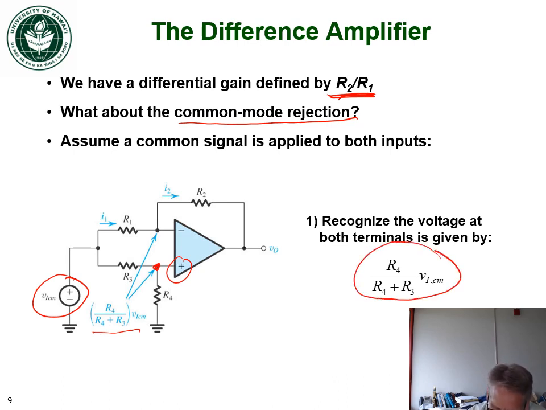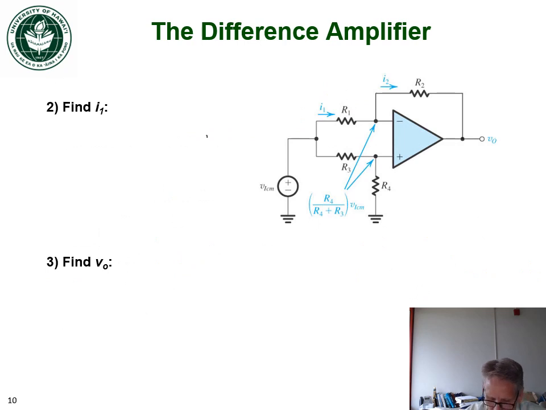Right? That's the voltage at V plus, which, because we have negative feedback, is also the voltage at V minus. Now that we know that, we can hopefully solve for the gain here. So to do that, we need to figure out what the input current is, because all that current is then going to be flowing into R2.